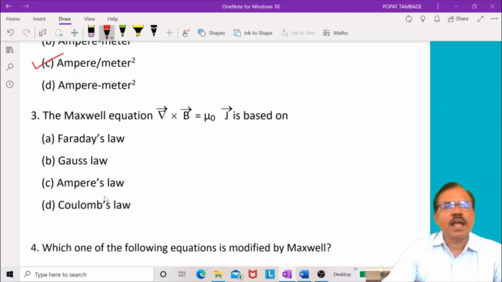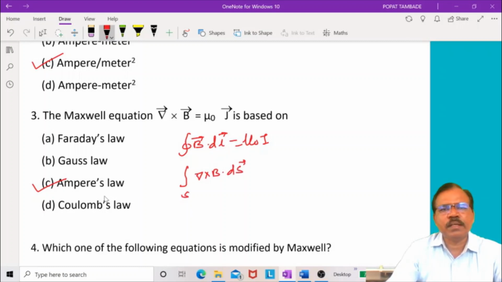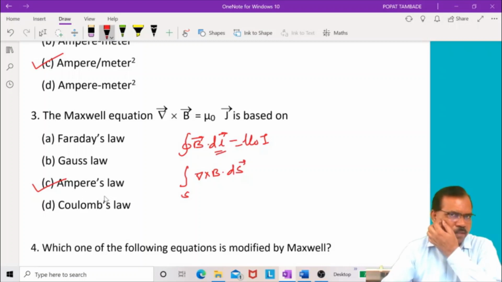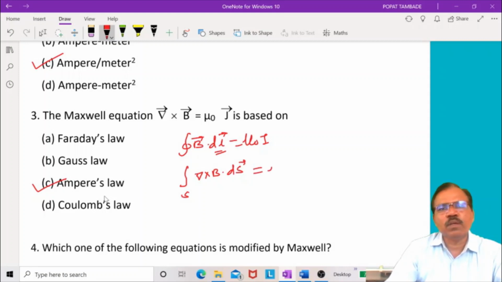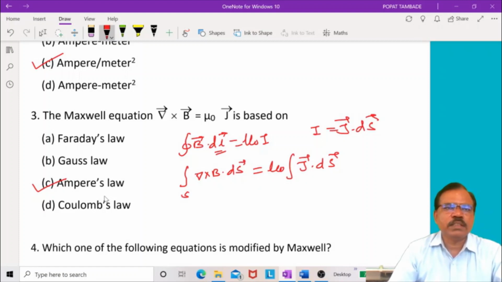Now it is based on Ampere's law, because we have Ampere's law, integration B dot dl is equal to mu 0 I, and we take this as integration del cross B dot ds, where S is the surface enclosed by that loop of length L, is equal to mu 0, we can write integration J dot ds, where I is J dot ds. J is current density. So it is Ampere's law.